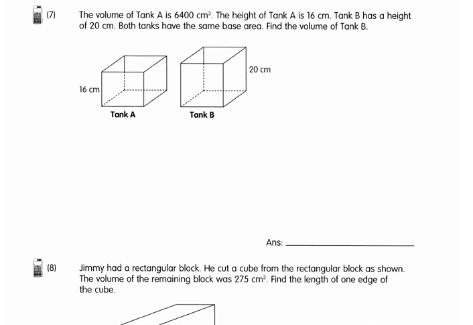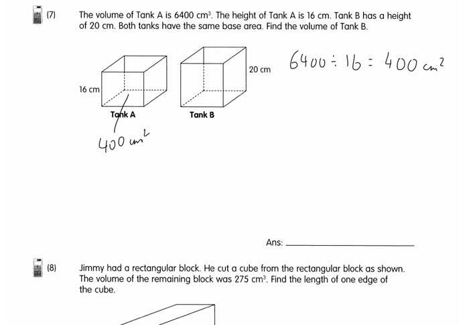Say out the working first, then you calculate. 6,400, and what do I get? 400. What's the units? cm square, because this is the base area, right? This is the 400 cm square. And you know that both of them have the same base area, yes or no? Yes. So both of them will be 400.